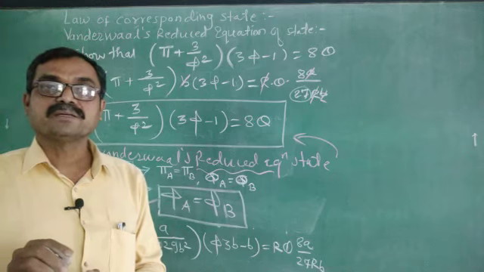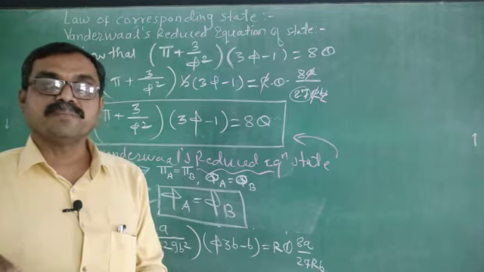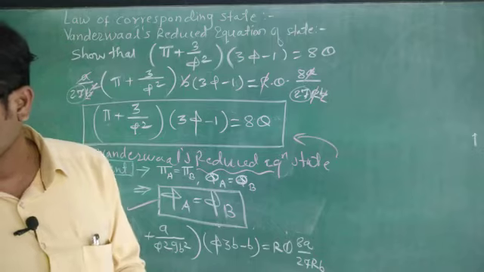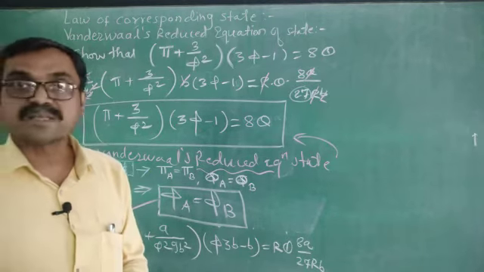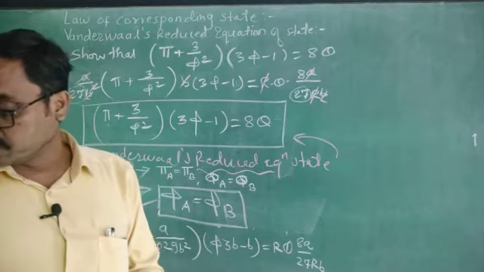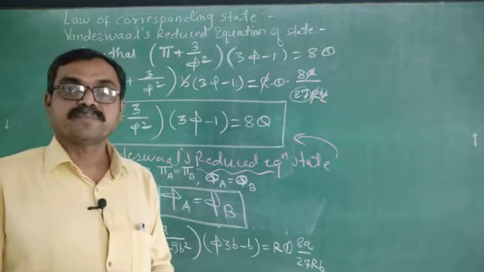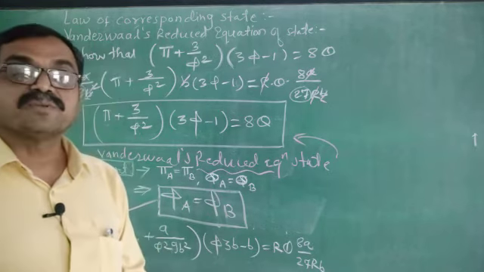Van der Waals equation for 1 mole of gas is (P plus a upon V square) into (V minus b) is equal to RT. Okay, (P plus a upon V square) into (V minus b) equals RT.